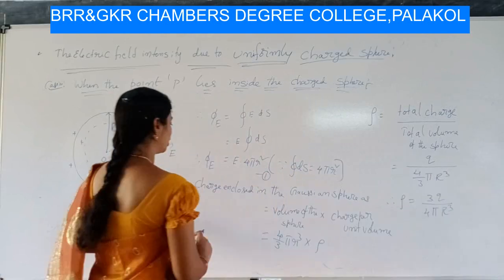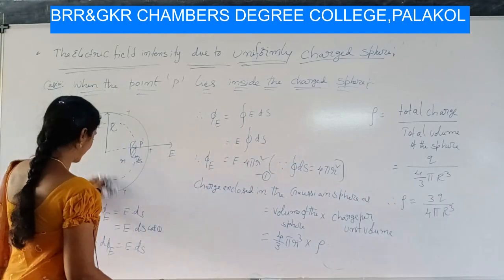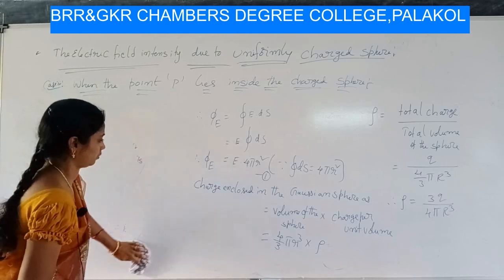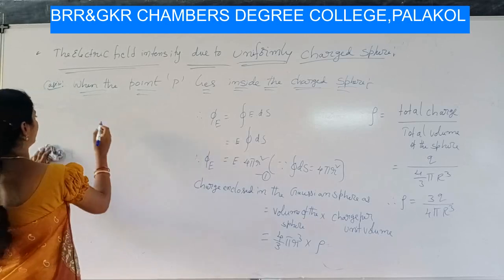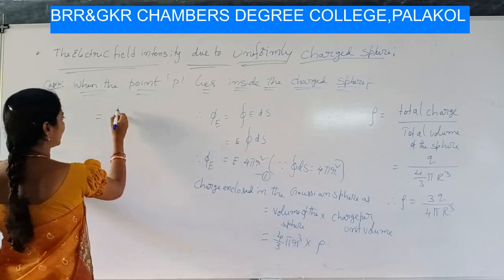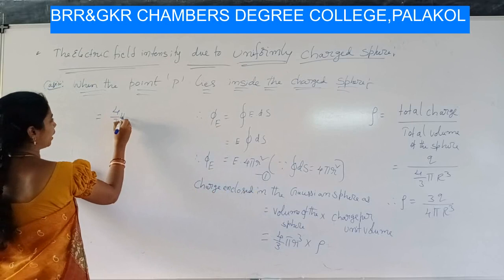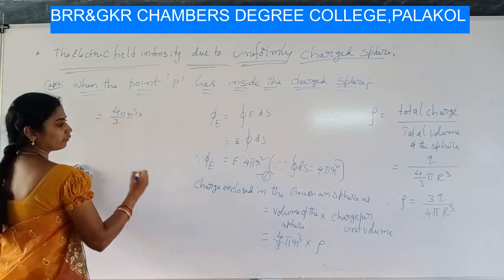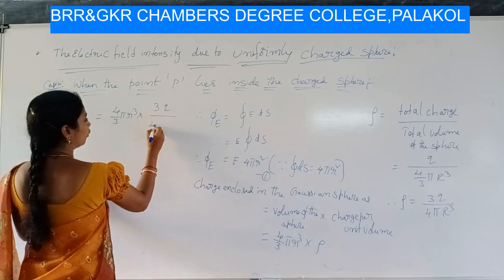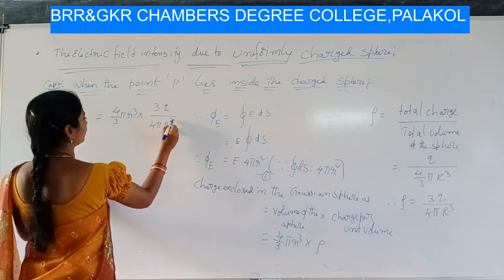The charge enclosed in this Gaussian sphere is 4/3 pi r cube times 3Q by 4 pi R cube.